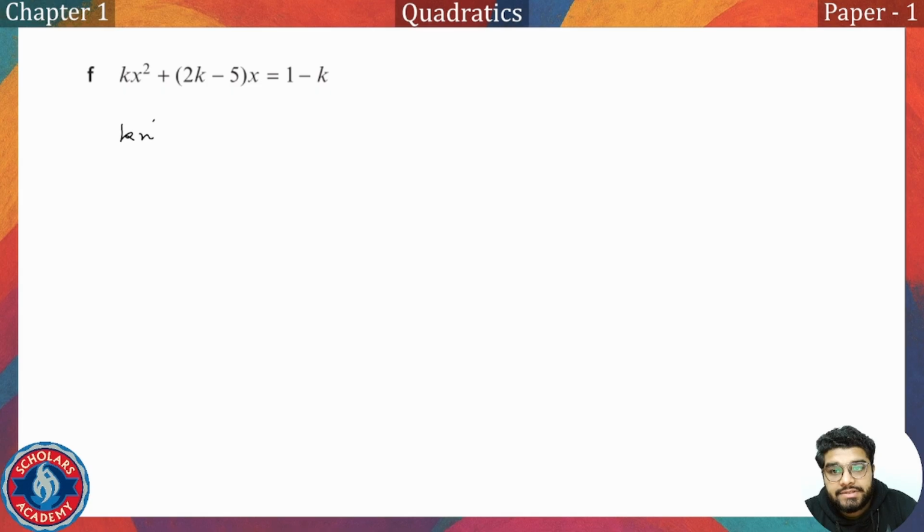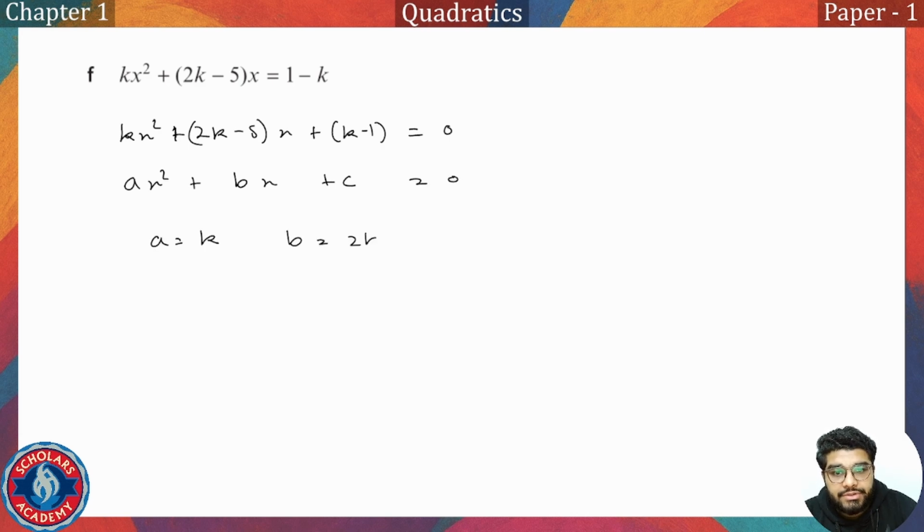We get kx square plus 2k minus 5x, and we get plus k minus 1 is equal to 0. Comparing it with the general equation ax square plus bx plus c is equal to 0, we get a is equal to k, b is equal to 2k minus 5, c is equal to k minus 1, right?